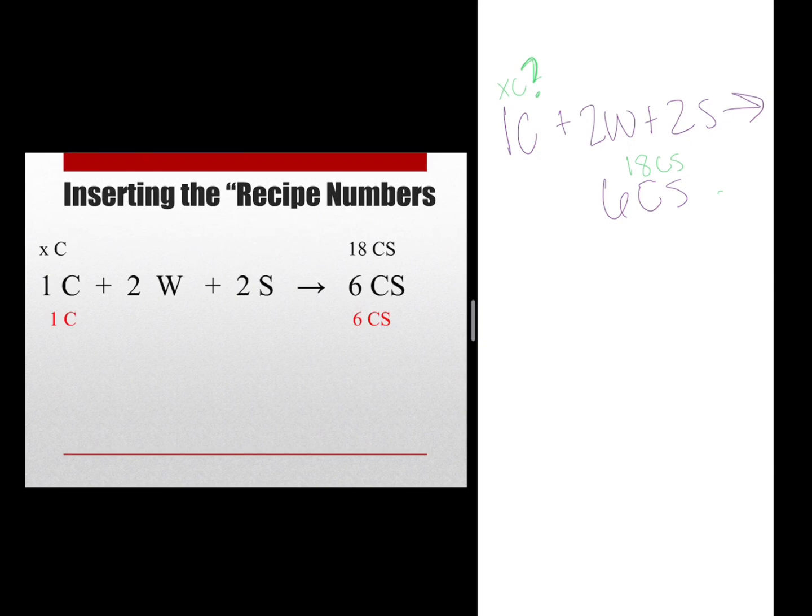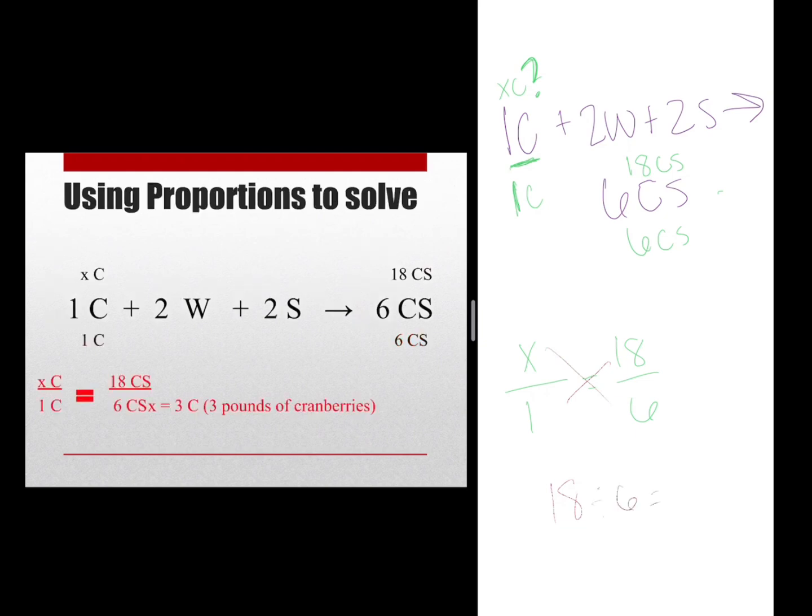So if I have 1 pound of cranberries here, I'm just going to bring that number down. So I'd have 1 pound of cranberries here. I have 6 servings here. That gives me a ratio. I have x over 1 equals 18 over 6. Now all I would need to do is cross multiply and divide. So cross multiply here, that just gives me 18, and then divide by this one, and that gives you your answer.